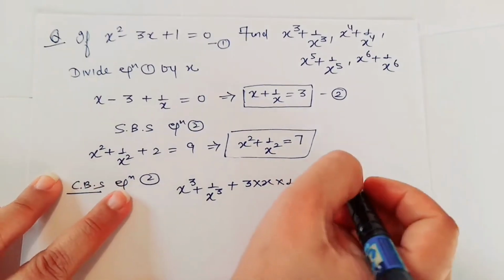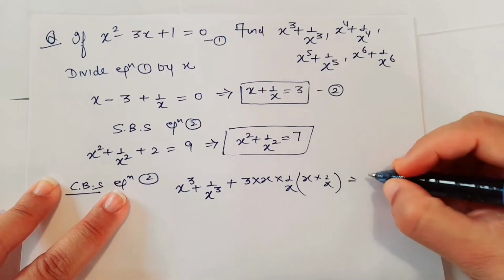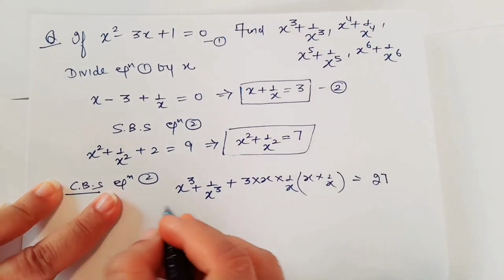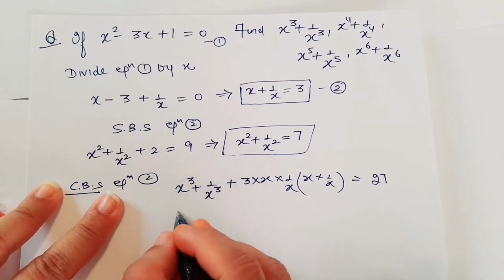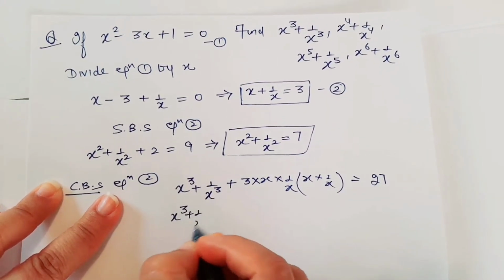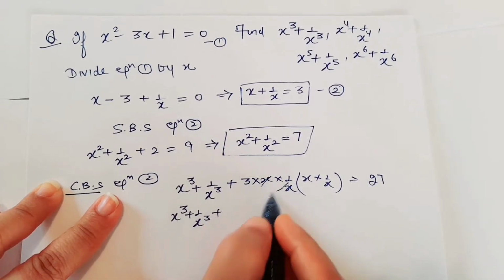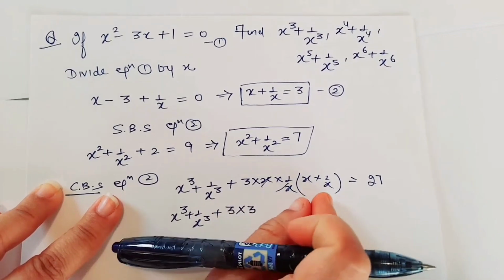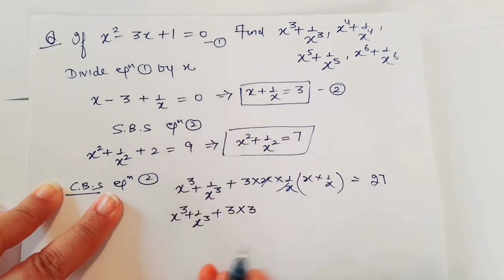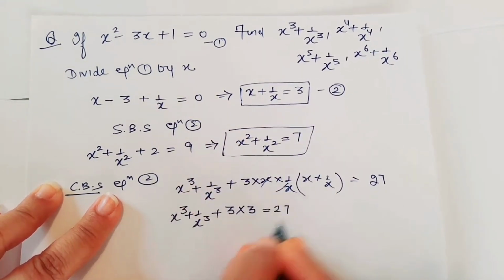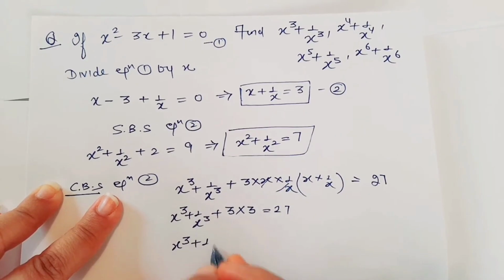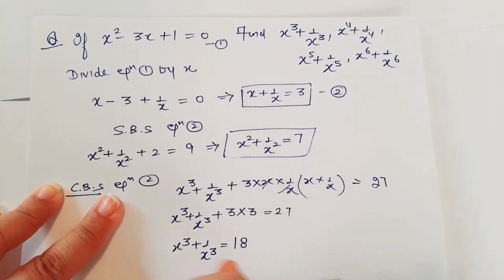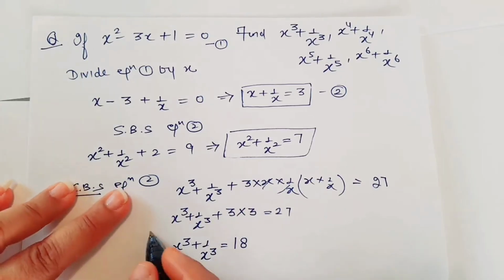So (x plus 1 by x) cube is equal to 3 cube, which is 27. So this is x cube plus 1 by x cube plus 3 multiplied by x plus 1 by x, which is 3, equal to 27. So you get x cube plus 1 by x cube equal to 27 minus 9, which is 18. So you got this.